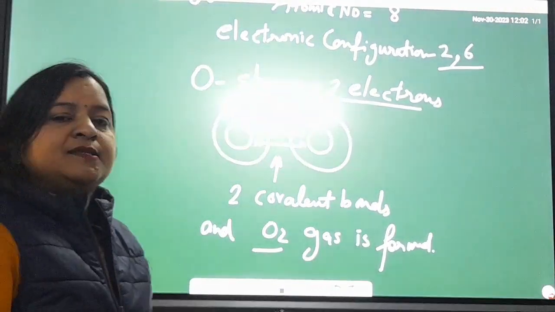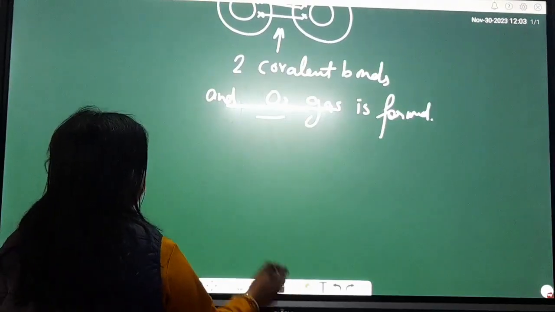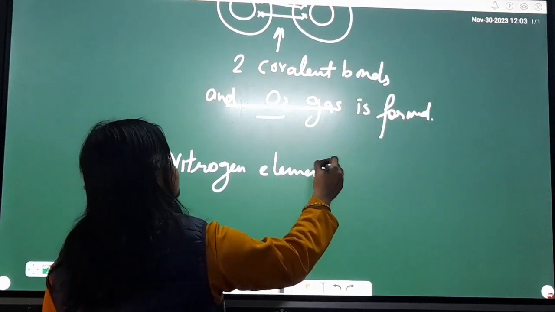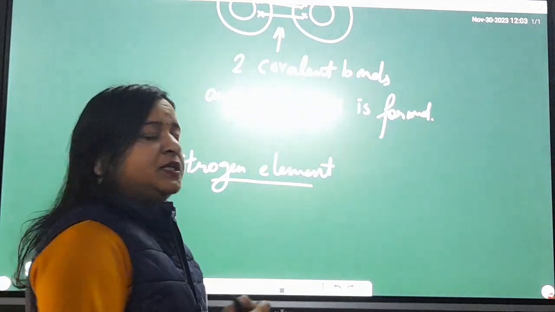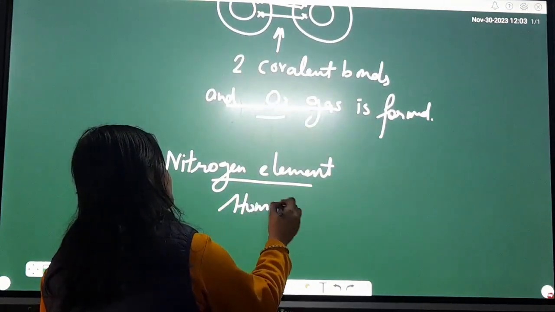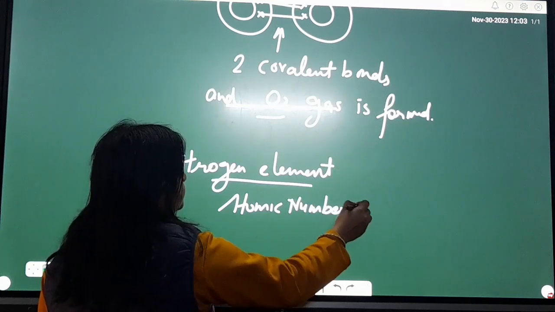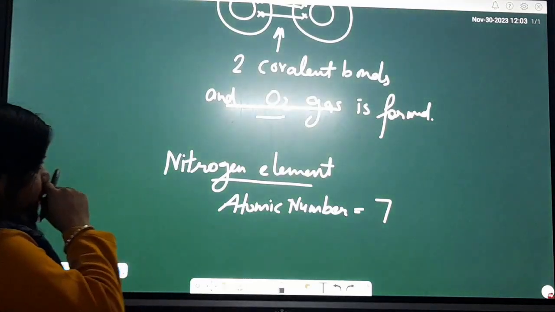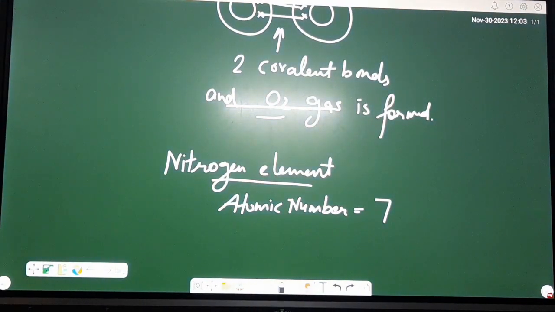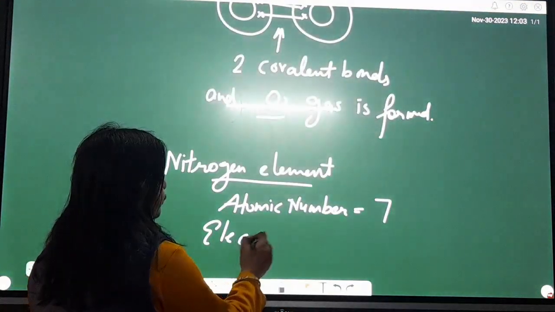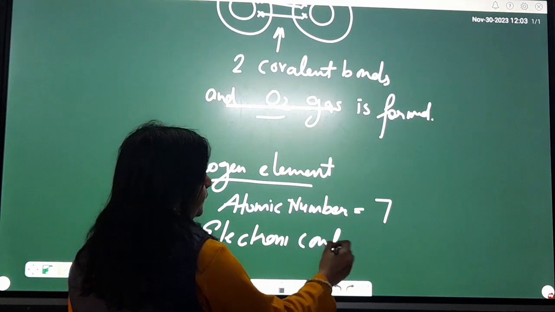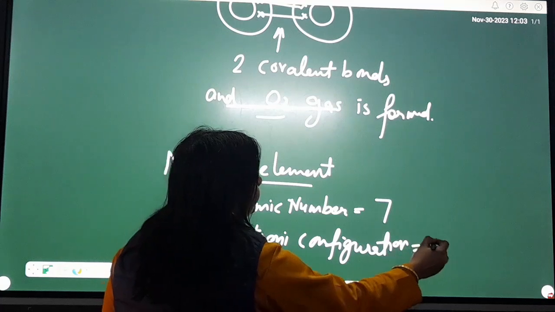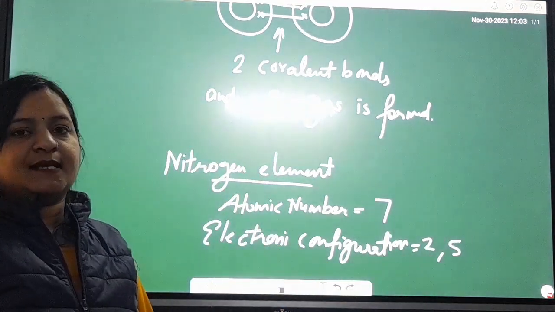In the same way, you can see the nitrogen element. The nitrogen element's atomic number is 7, so its electronic configuration will be in first energy shell 2 and then in last energy shell 5.